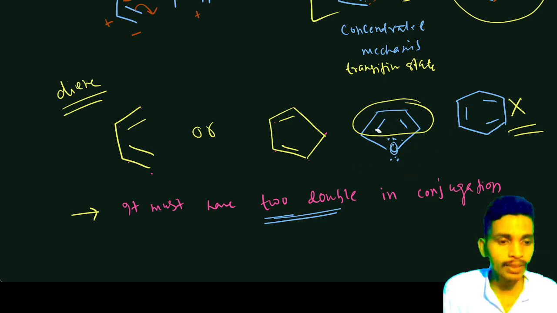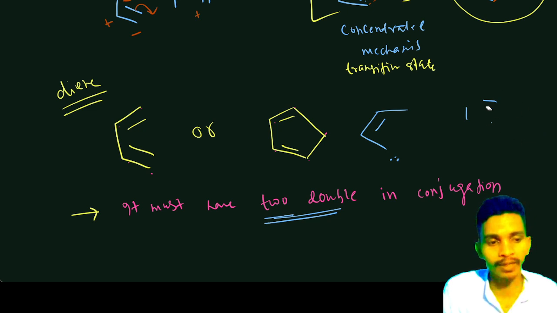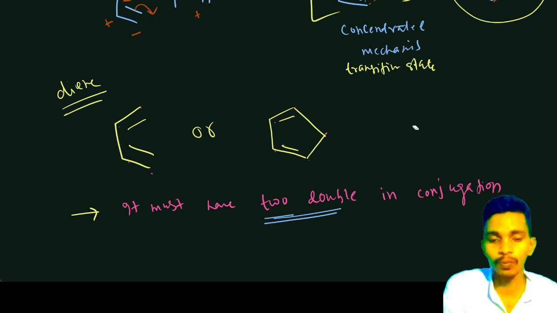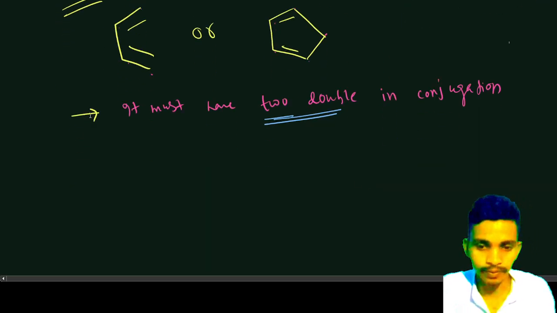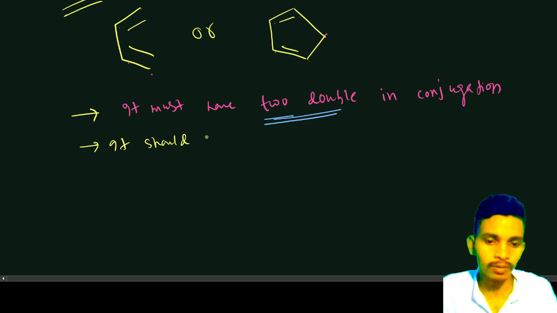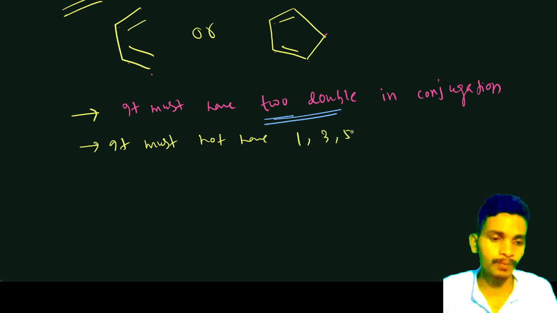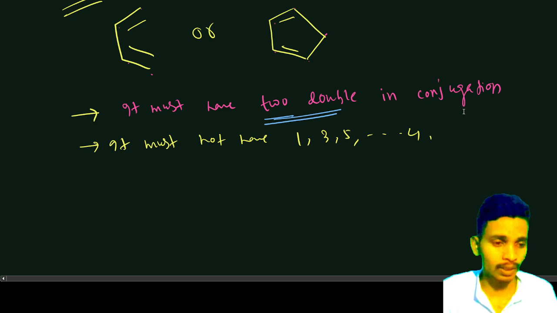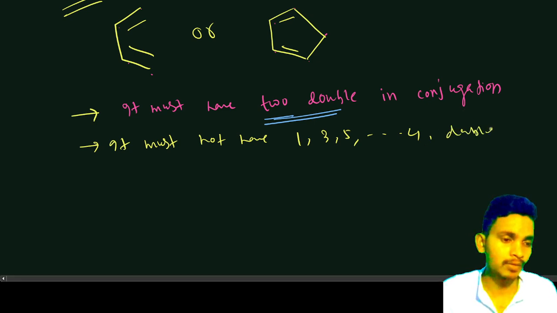So the important thing is that they should have two double bonds in conjugation. Two double bonds, not 3, not 4, not 5. For a diene it must have two double bonds in conjugation. It must not have 1, 3, 5 type double bonds in conjugation.